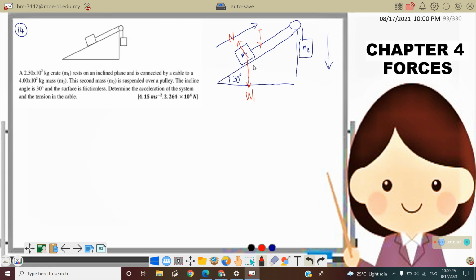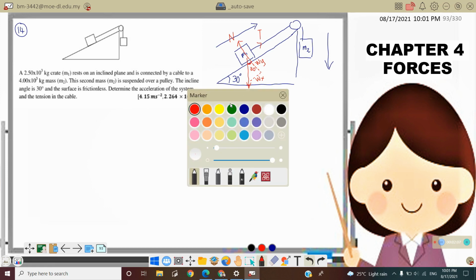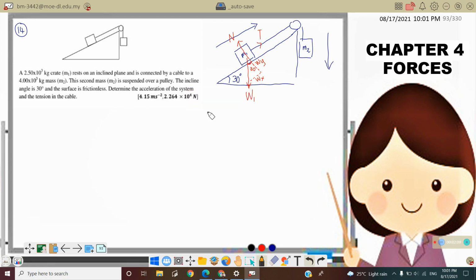Actually we can resolve the weight into weight for x component and weight for y component, where the angle here is equal to 30 degrees. So why do you get 30 degrees? I will draw it out.